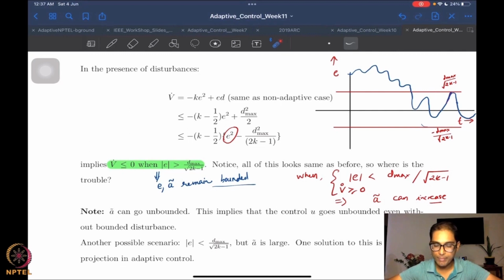In fact, it can so happen that once e has entered this nice residual set, your V dot becomes non-negative, and therefore V can increase. And if e cannot increase beyond a certain point, and if V has to continue to increase, the only possibility is that a tilde keeps increasing. And if a tilde increases, it means that the parameter errors and the parameter estimates themselves can go to infinity, right?